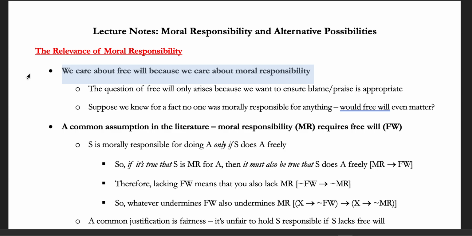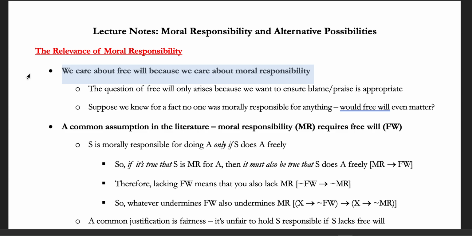But the same could be said for praise and right doing, I guess. There are some people, Susan Wolf in particular, who think that blameworthiness and praiseworthiness might come apart and have different requirements. But we're going to set that aside for now. But mostly talk in terms of blame.